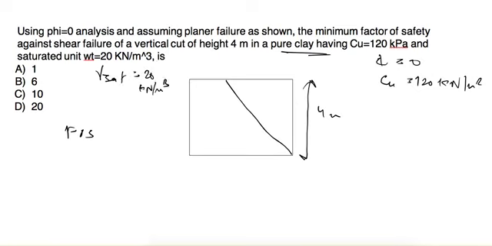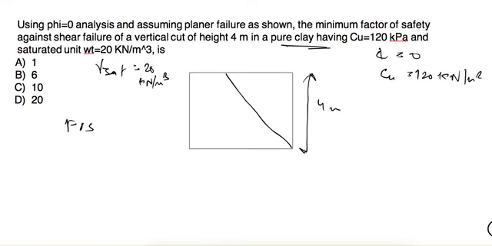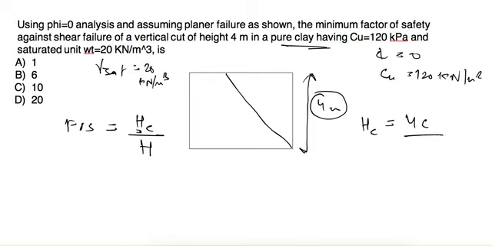So we know that maximum height of cut, this is the height of cut which has been provided, but we can find out factor of safety as maximum height of cut divided by the height of cut that has been provided. Maximum height of cut, we can say it as the H critical, which is equal to 4c upon gamma under root of Ka, but for phi is equal to 0, Ka will be 1.